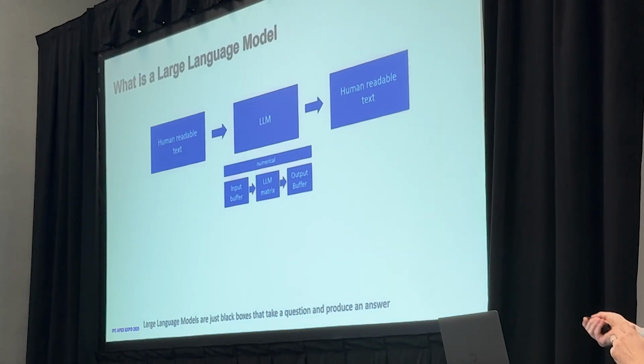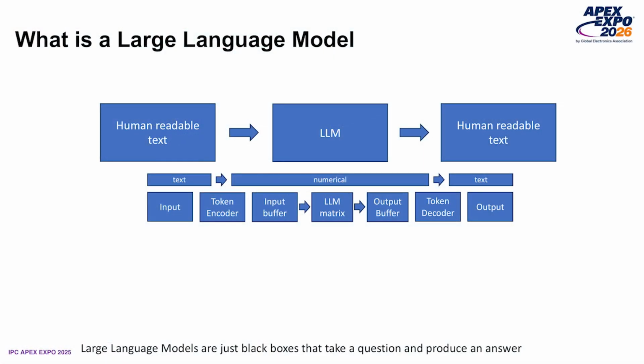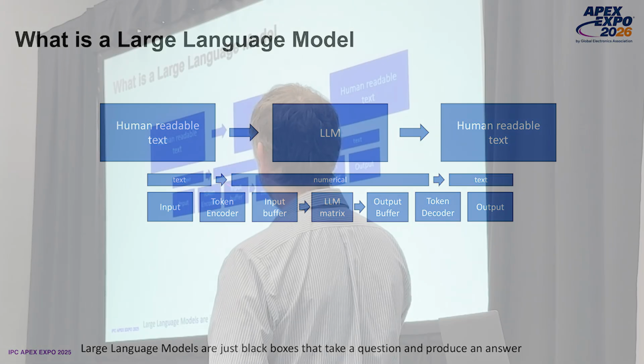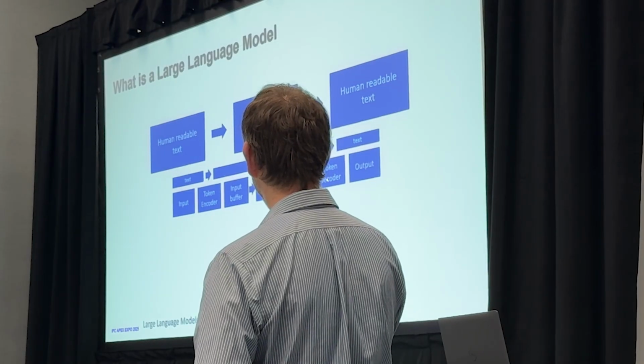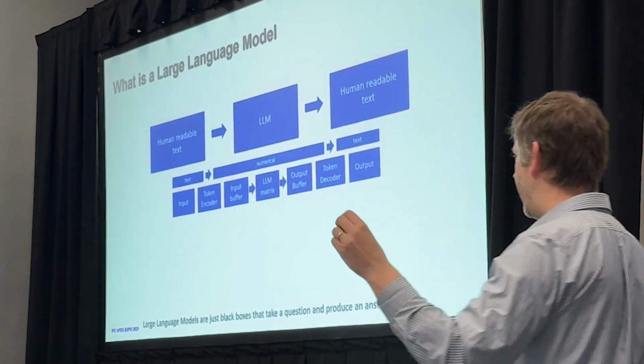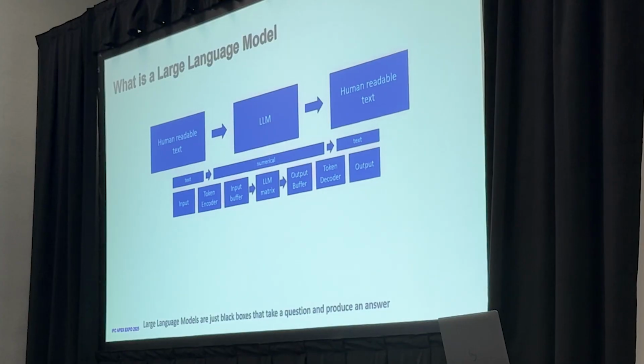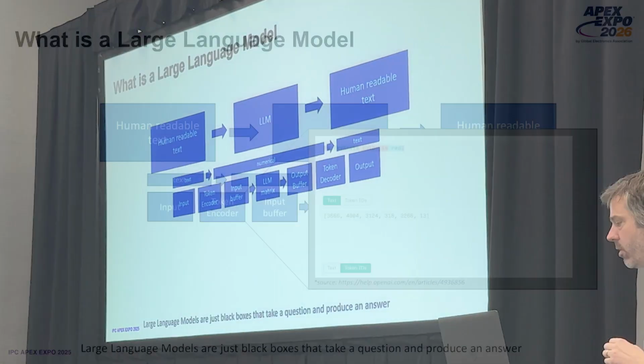So these things need to work on numbers. So then I need to put encoders and decoders on both sides. I need to agree how I'm going to take text and turn it into numbers, and how I'm going to take these numbers here and turn them back into text. And now you've got the end-to-end version of how an LLM interface works.